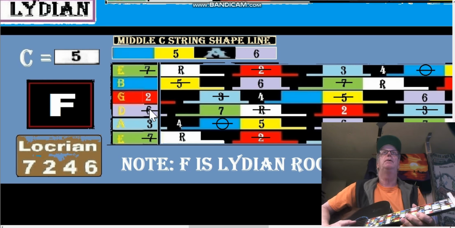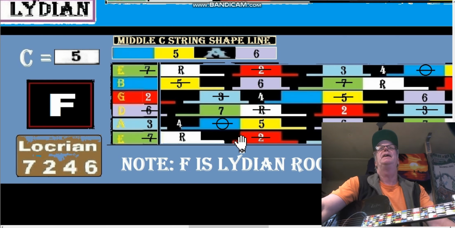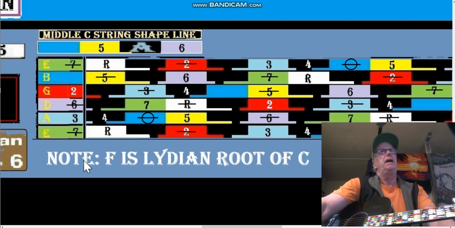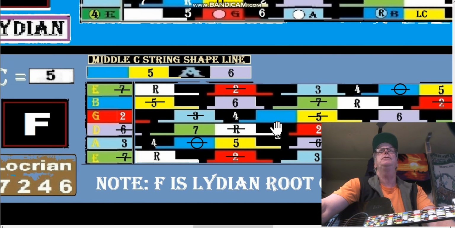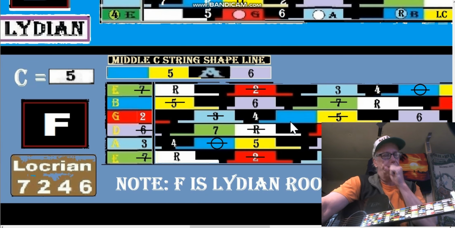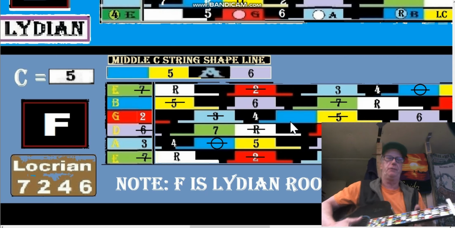So the scale we're looking at here is the Locrian scale, and notice I've written here, hey, listen, F is also the Lydian root of C, but that's not what we're using the key of F for here. It's not being used as that.